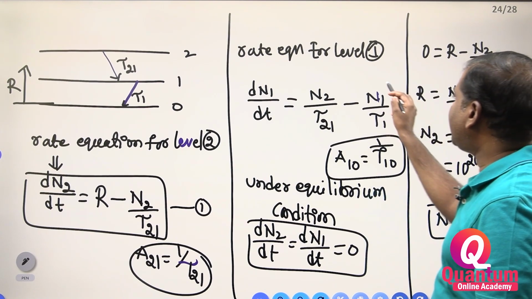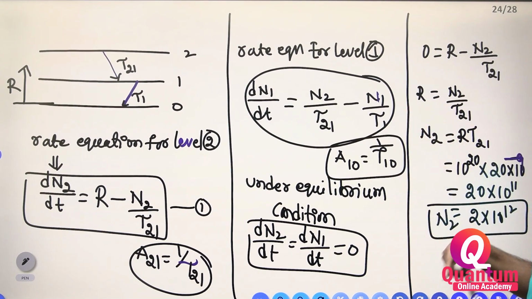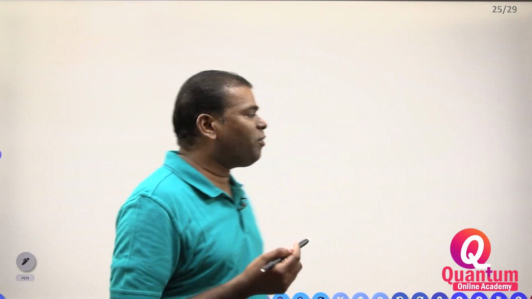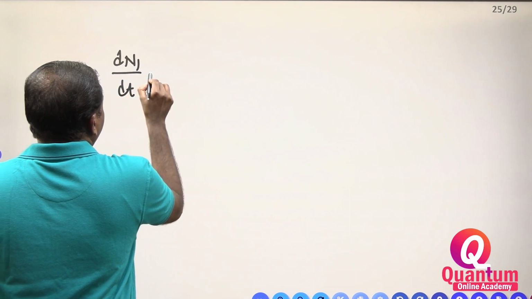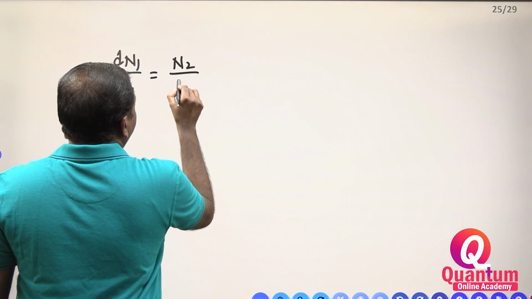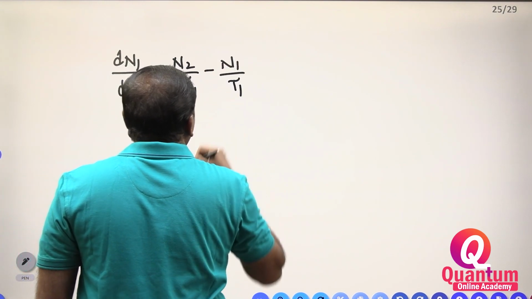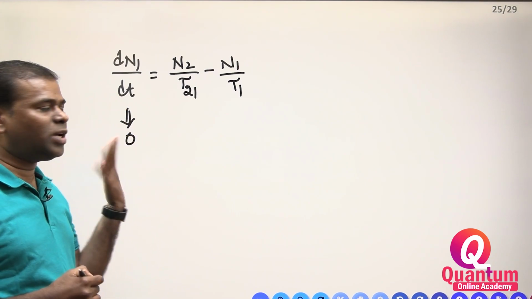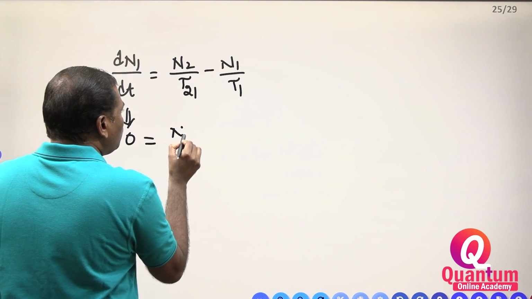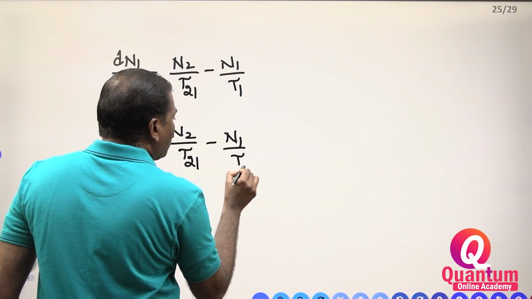Similarly, take equation number 1. From equation number 1, you have to calculate the N1 value. dN1 by dt is equal to N2 by tau 21 minus N1 by tau 1.